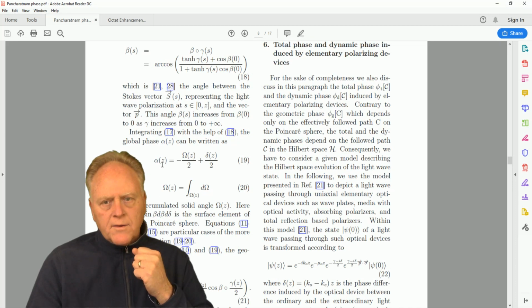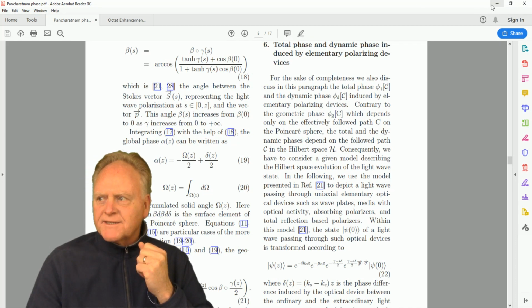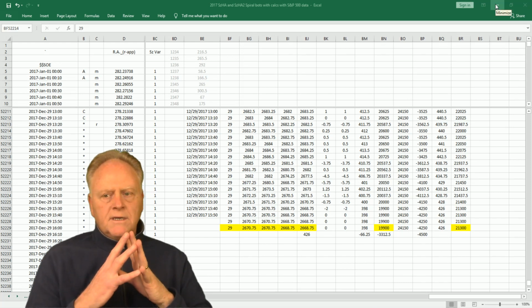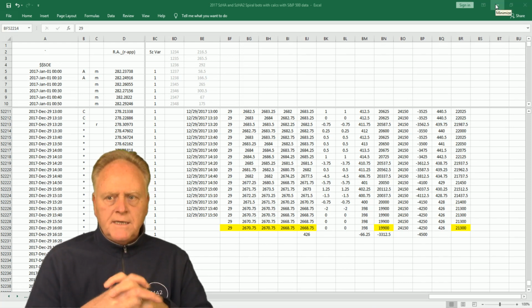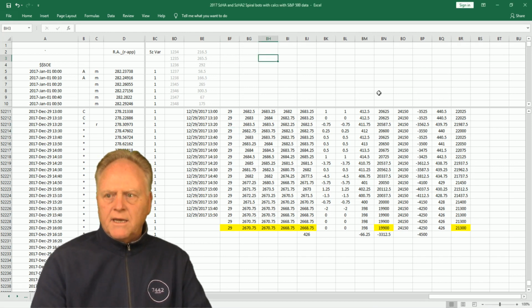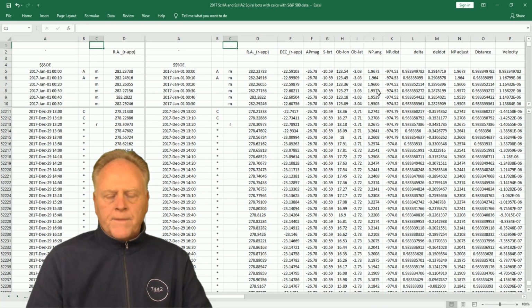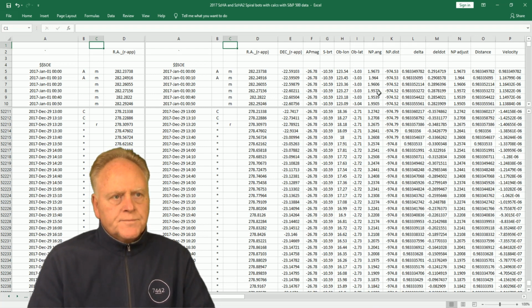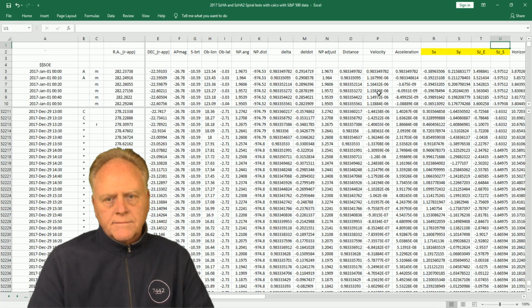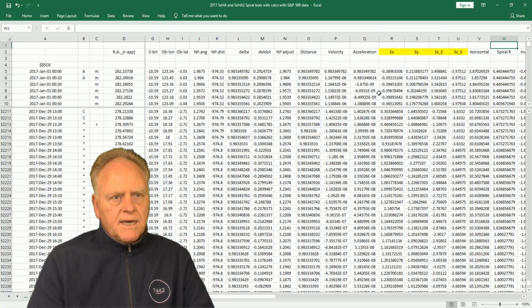So what I did this weekend, based on the suggestion and my little epiphany I had, was I took the 2017 Z-fact spiral calculations. I took the raw NASA data and I created all the components that I used in the past in 10-minute increments from 2017.